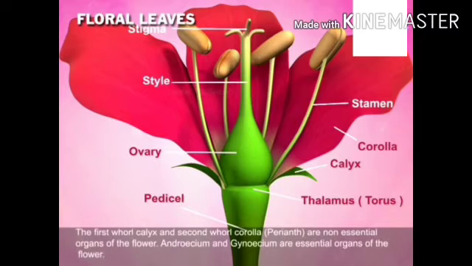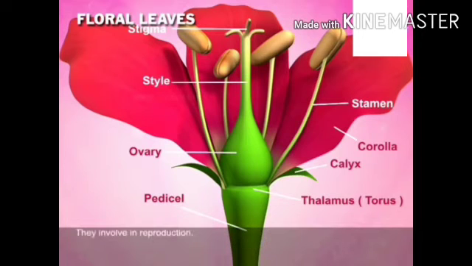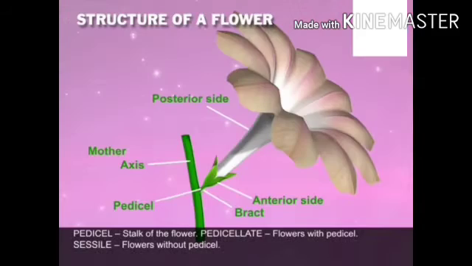The first whorl calyx and second whorl corolla, the perianth, are non-essential organs of the flower. Androecium and gynoecium are essential organs of the flower. They are involved in reproduction.